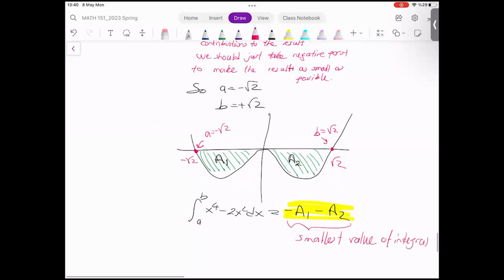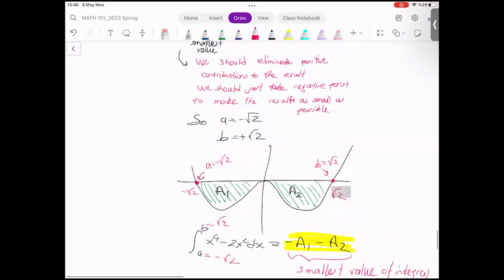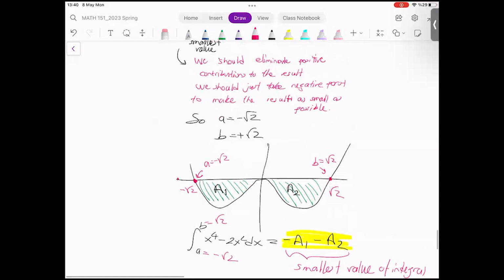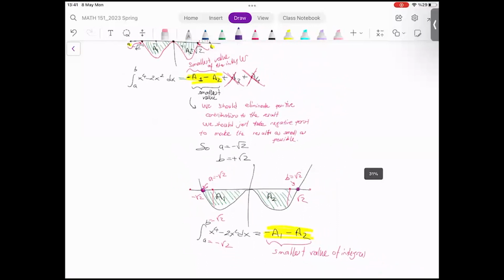And this happens when you choose A as minus square root 2 and B as plus square root 2, because for all the other cases, if you choose A over here and B over here, you just add things to your result. It is not the smallest anymore. If you choose A here and B here, then it is again negative, but you make the negative part smaller. That's why the required numbers are here and here. So I put the required explanation.